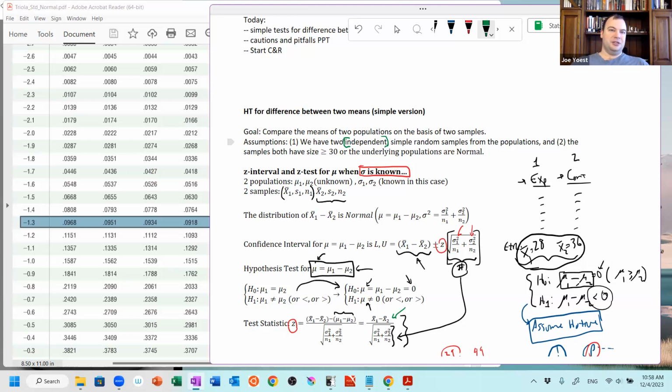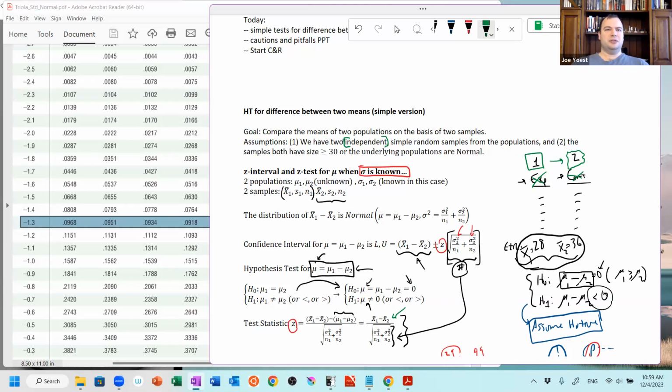If I were instead, let's say, studying weight loss, and population 1, so to speak, was these 100 people's weights at the beginning of some exercise program, and population 2 was those same people's weights a month later after they've gone through the exercise program.